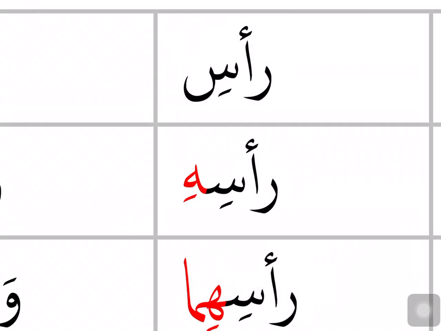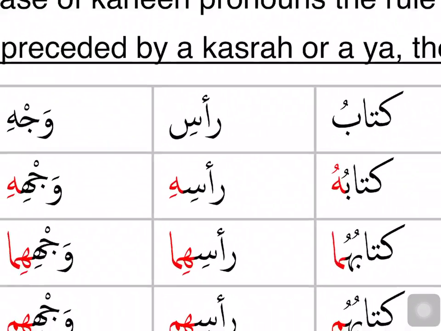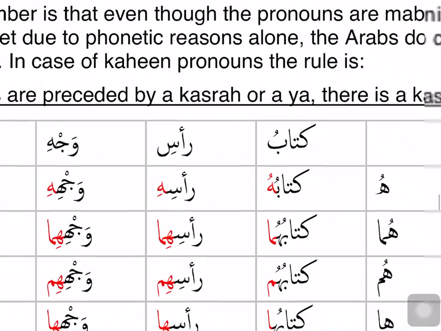That's not the reason. This is only because it is phonetically not sounding good to the Arabs. So they say if it is a ha pronoun and the word before it has a kasra, you have to put a kasra on the ha pronoun. So ra's is the word. Ra's means head. I want to say his head. And for whatever reason, the word ra's has a kasra on it.